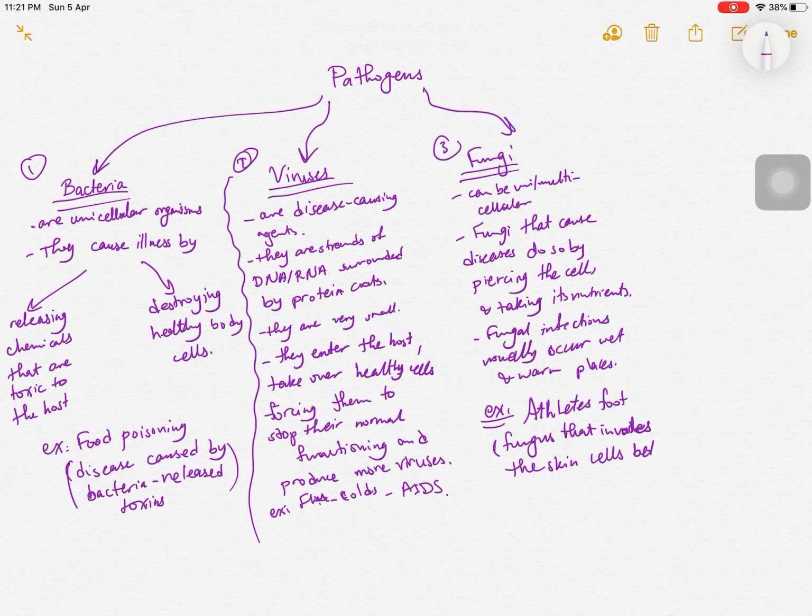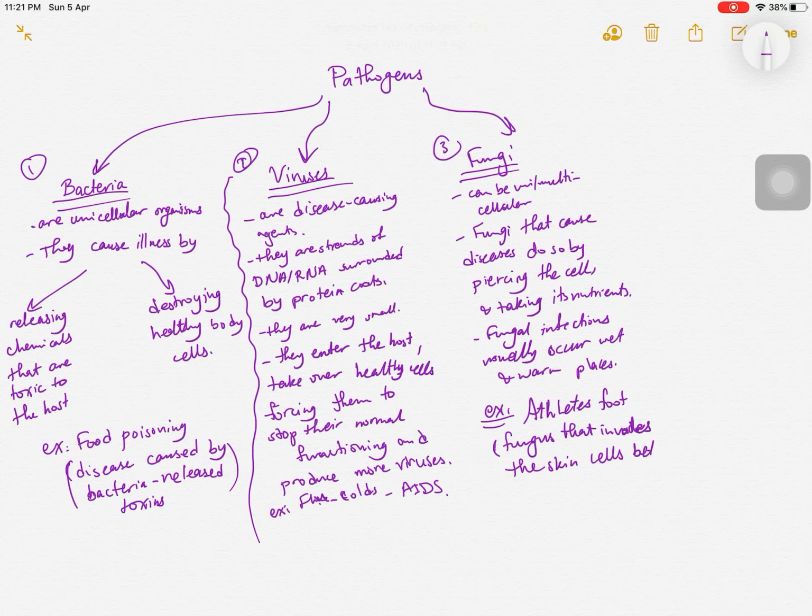I included a picture of this disease in the PowerPoint. It's here. So you get to understand better what I mean by athlete's foot.